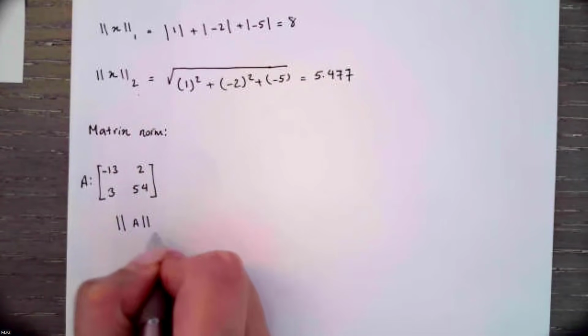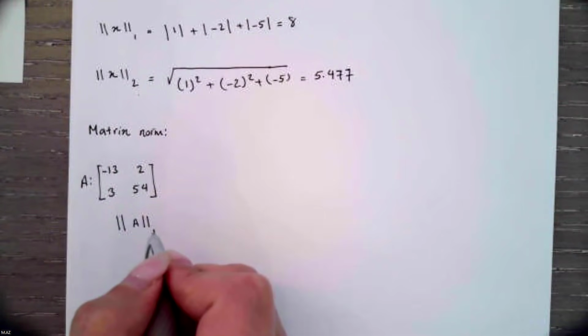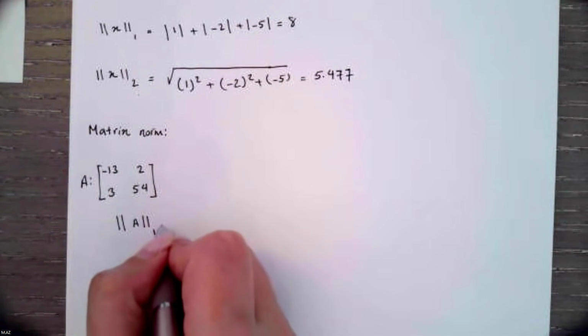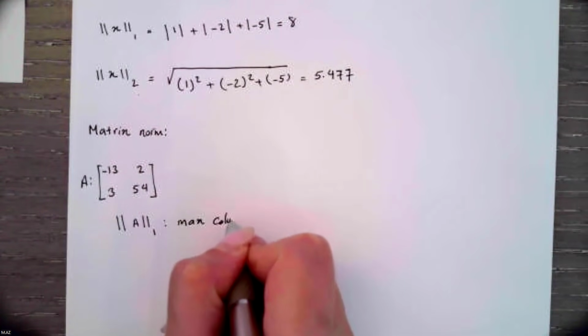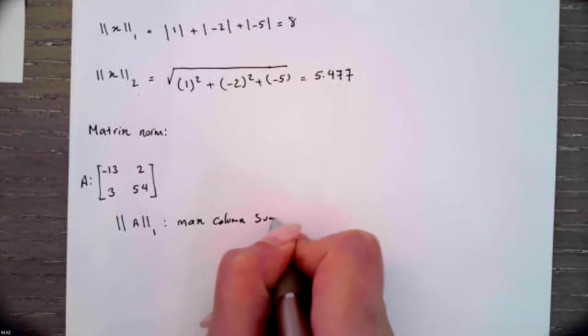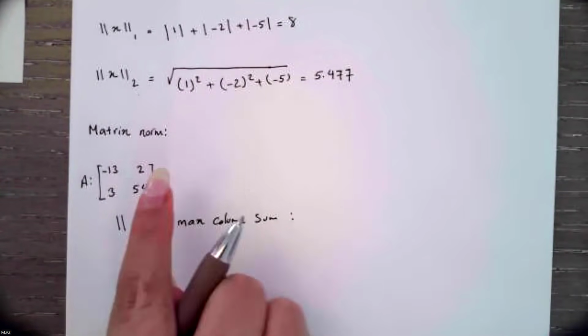Norm 1 is also called the maximum column sum. We are finding it based on these equations.